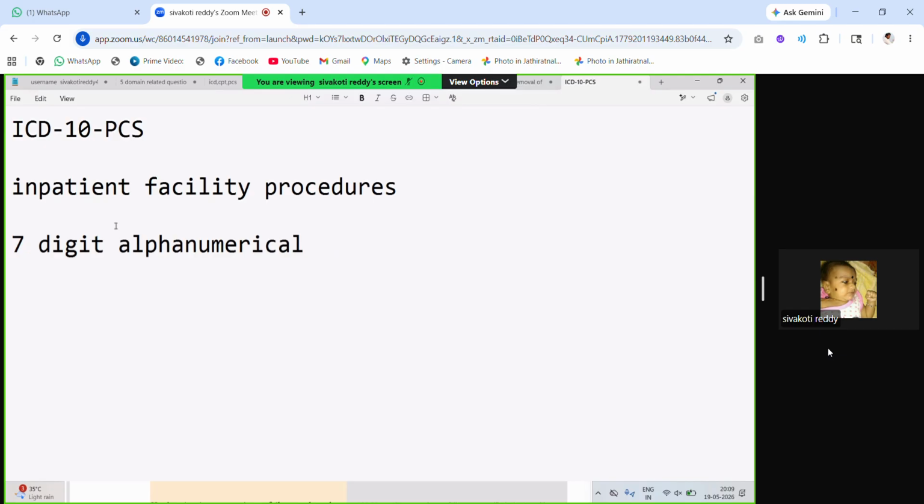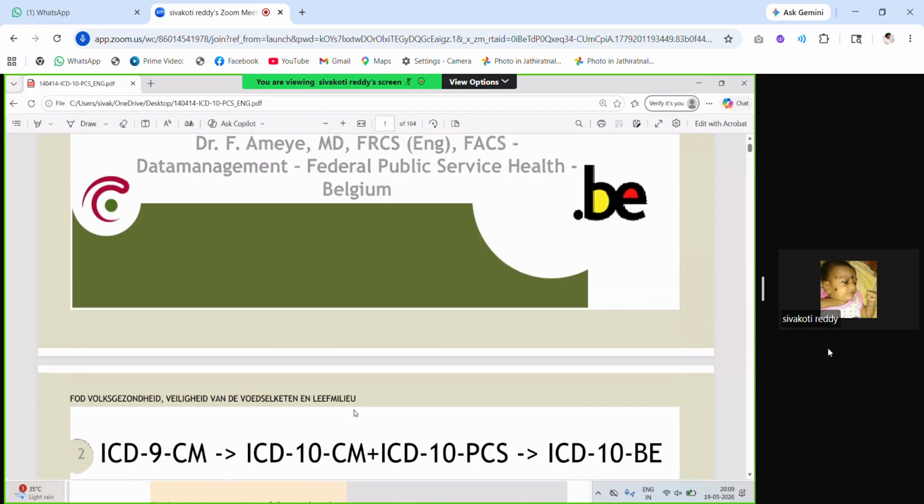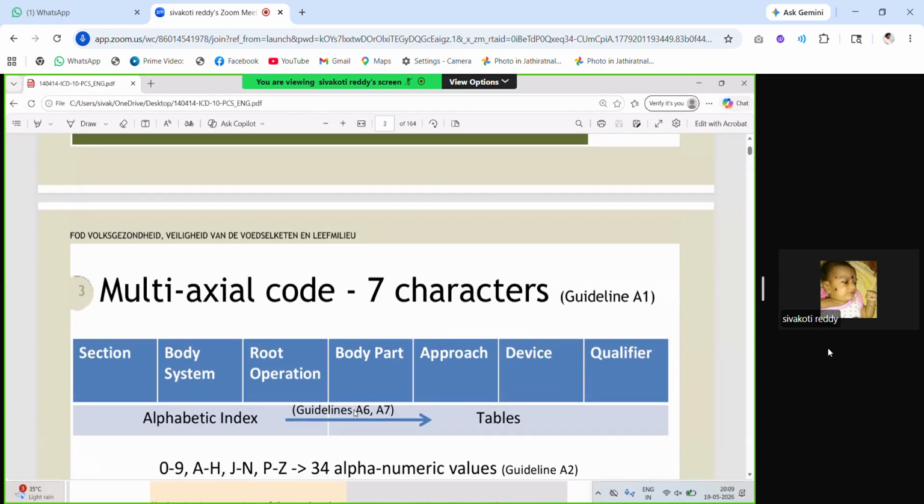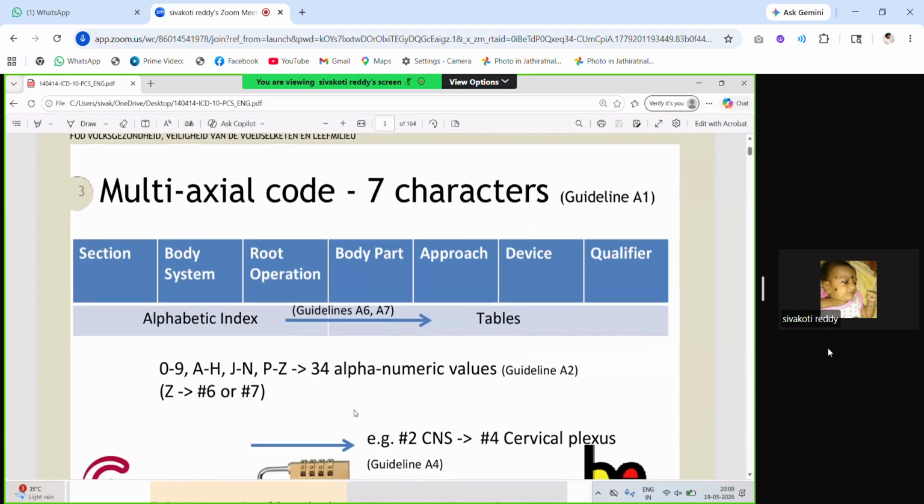In CPT we have an individual code for each separate procedure, but in PCS it is not like that. We need to learn about the characters and identify each one. There are 7 characters in total, and each has a specific name.